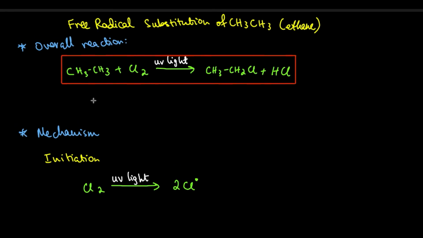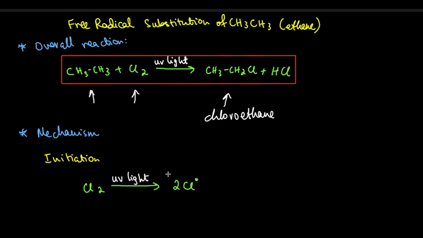We have ethane over here, we have chlorine. One of the hydrogens of the ethane will be replaced by the chlorine, and that will produce CH3CH2Cl and HCl. Okay, and this would be chloroethane.